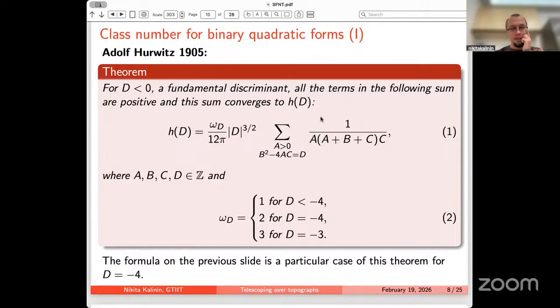And you look at all possible a, b, c such that b squared minus 4ac is equal to D. So D is fixed, and a is bigger than 0, and you take a sum of such terms. Then multiply by D to the power 3 over 2, and you get the class number.